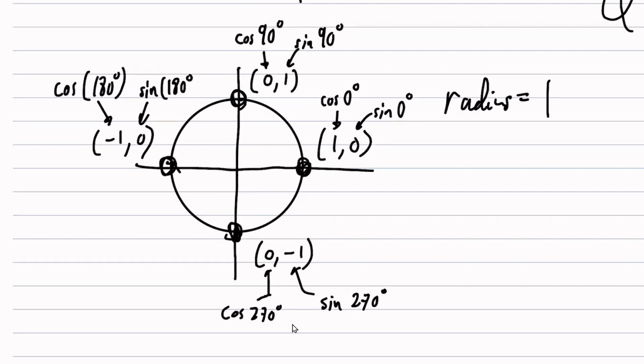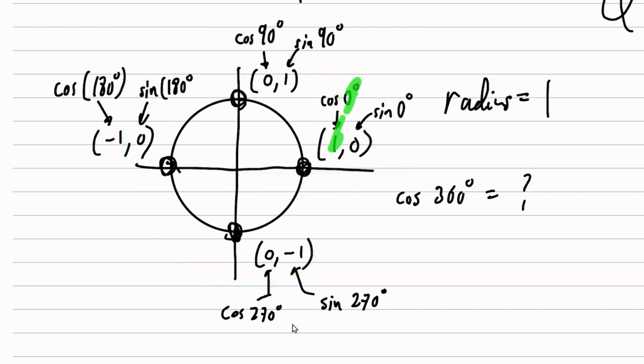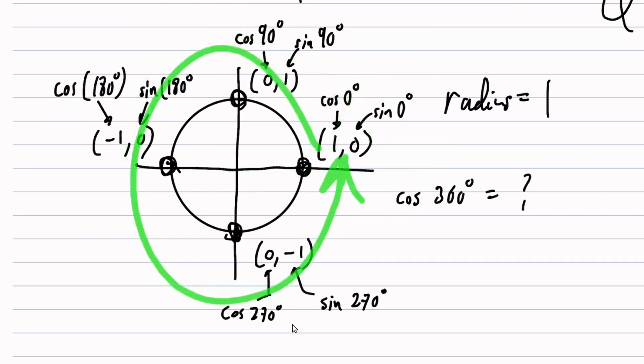Very good. Okay, so now how about let's say cosine of 360 degrees? Very simple. I follow the procedure. 1. Yes, you realize, it's the same as 0, right? Because you just turn one full circle, you go back.